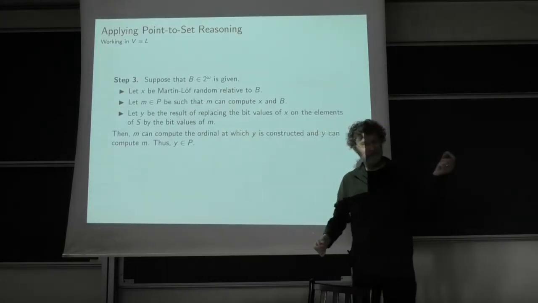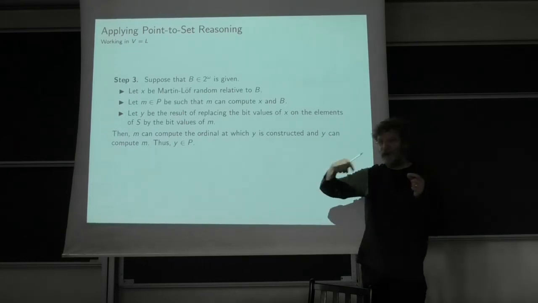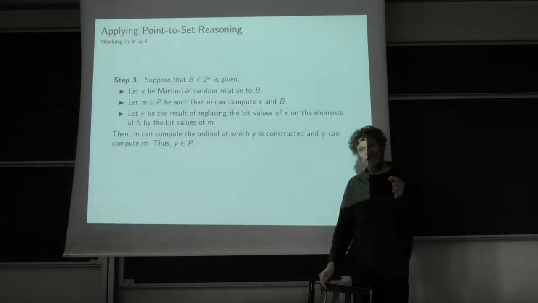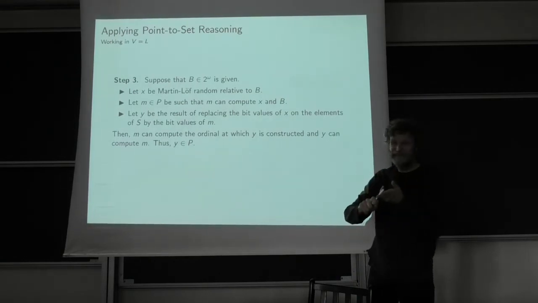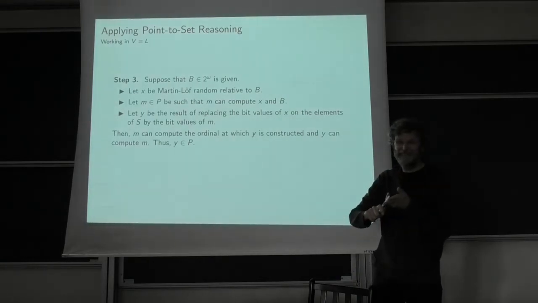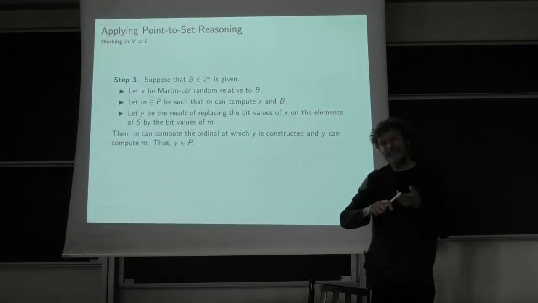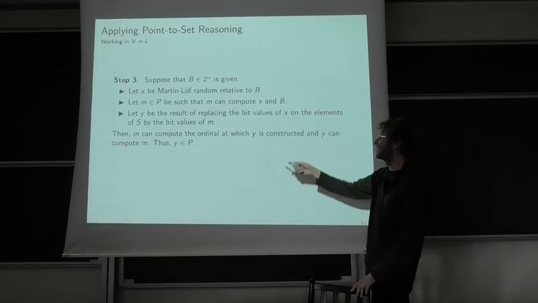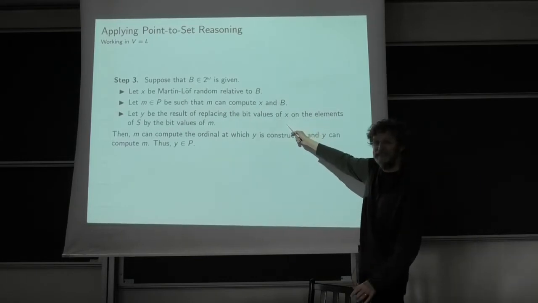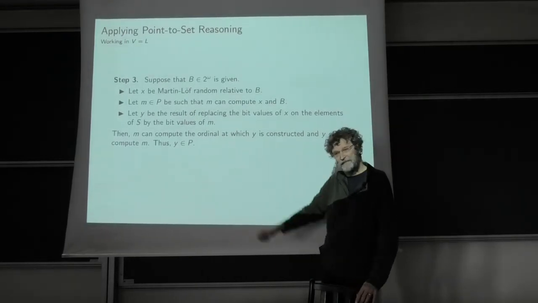What can Y compute? Well, the places where we put M is computable. So Y can compute M. So Y can compute X. Y can compute B. Y can compute itself, because it knows how it was built: by taking X and replacing its own bits by M.